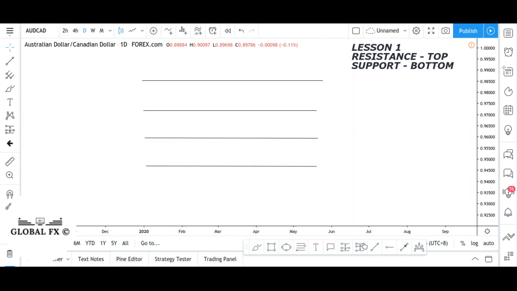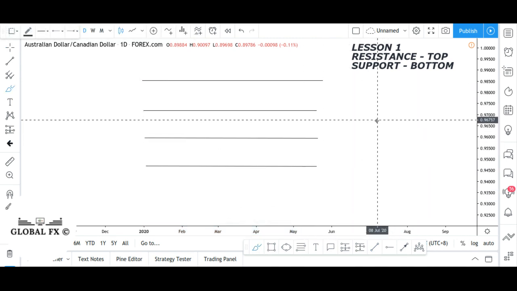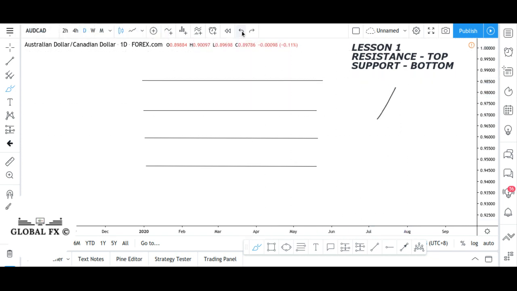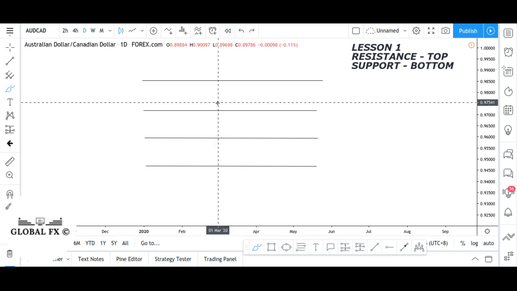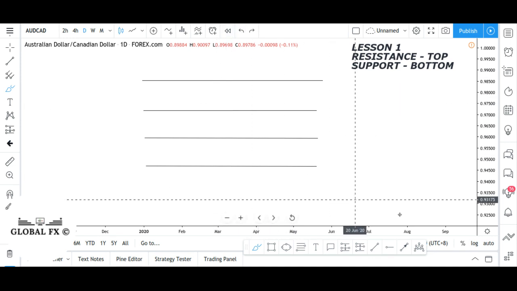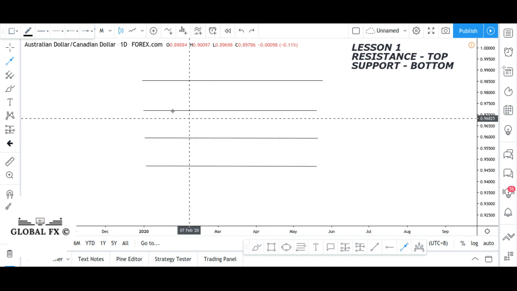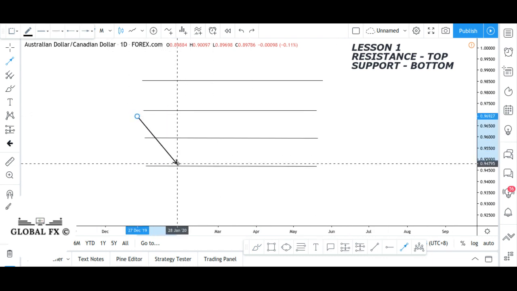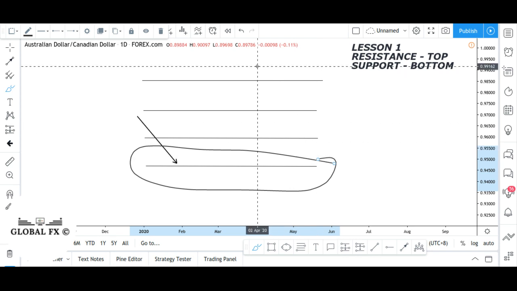Okay, so like I've shown you here on the top, you can see that resistance is always at the top and support is always at the bottom. So keep that in mind. Now, if we are coming from the upside to the downside, let's say that this is our very strong support area over here.